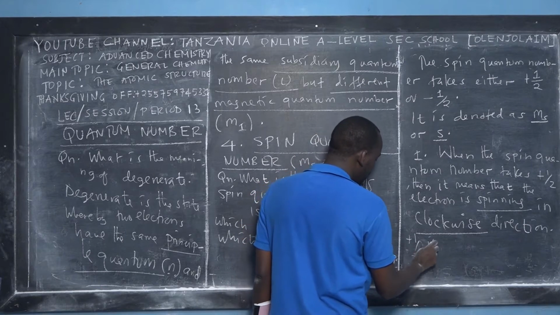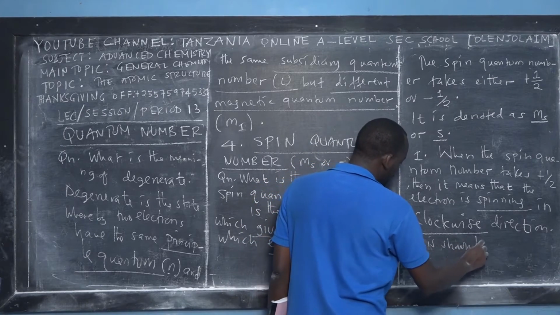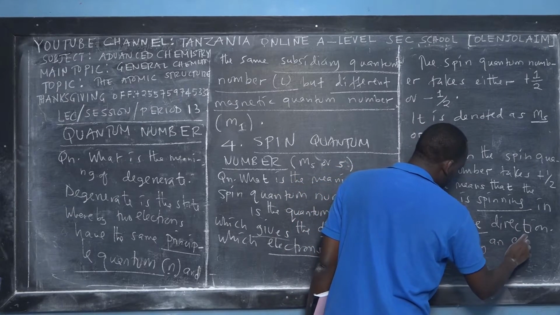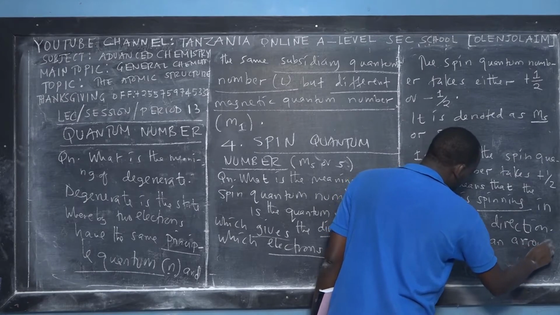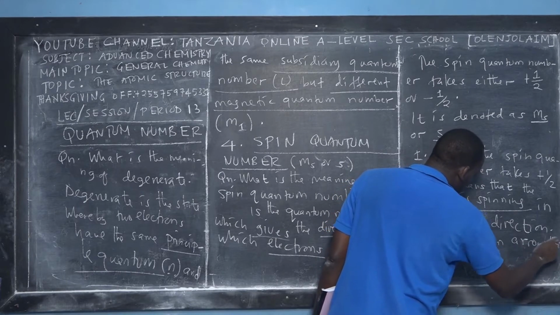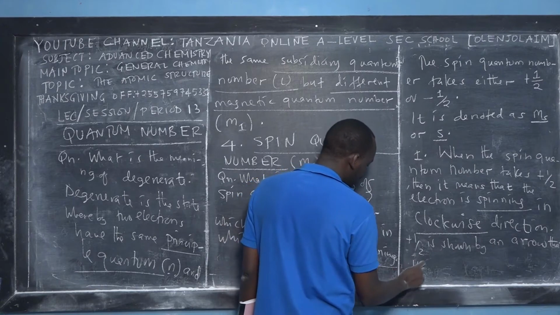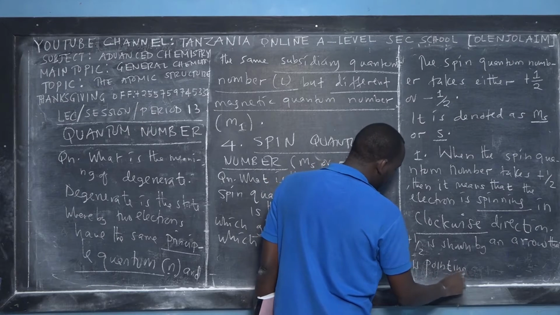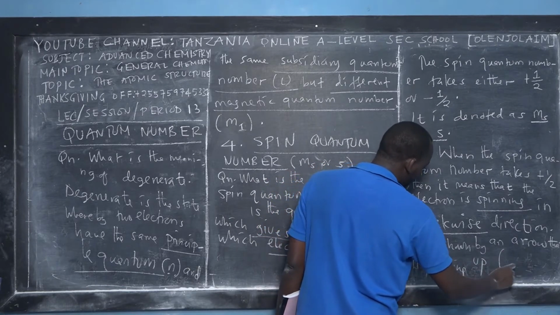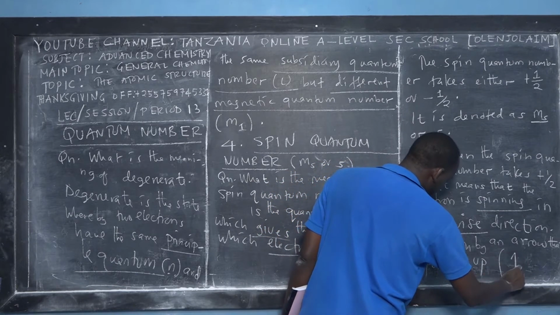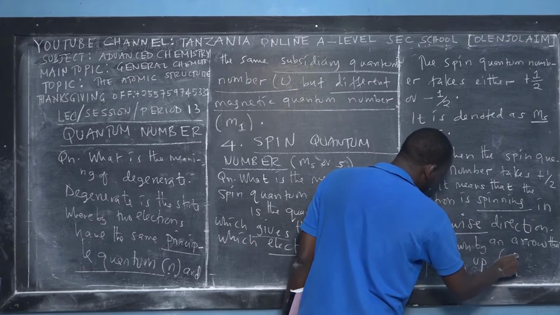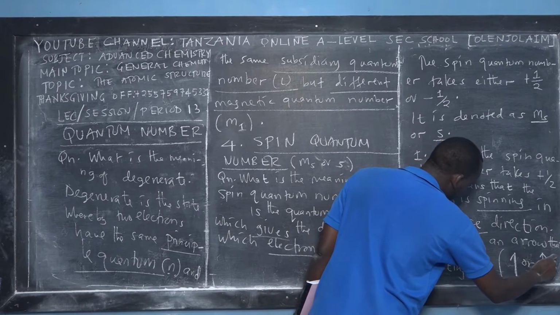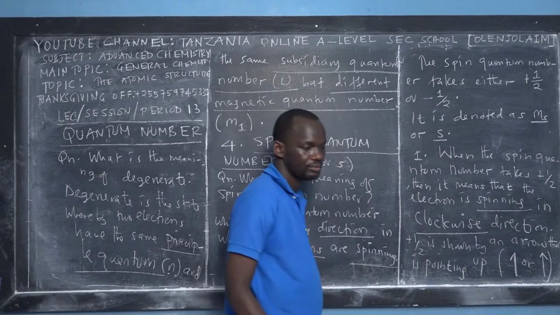Positive a half is shown by an arrow pointing up. So it may be a half arrow like this, or a full arrow like this, depending on the reference book.